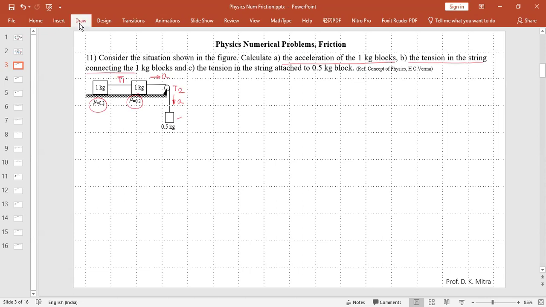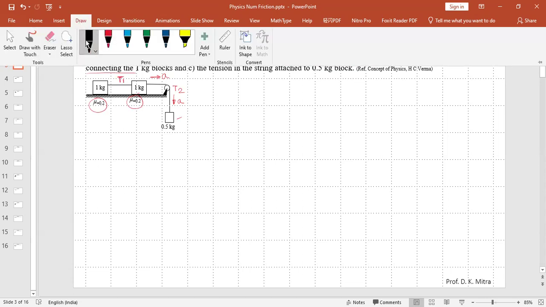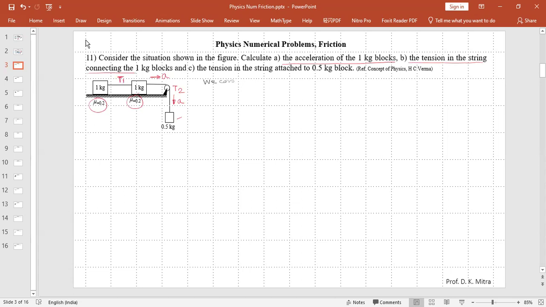So what do we do? First, we consider both 1 kg blocks together as a free body, and they are tied with a string, both of them together as a free body.